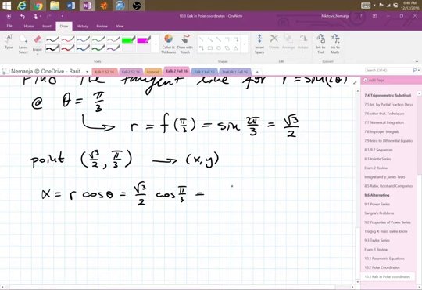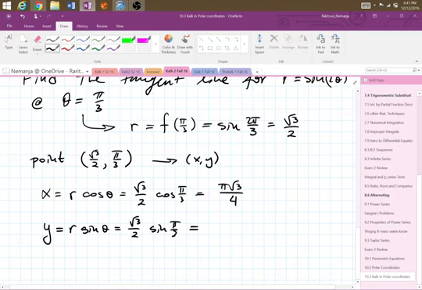So hopefully you have root 3 over 4. And then we convert y, which is r sine theta, which is root 3 over 2 sine pi over 3, which is going to be 3/4.